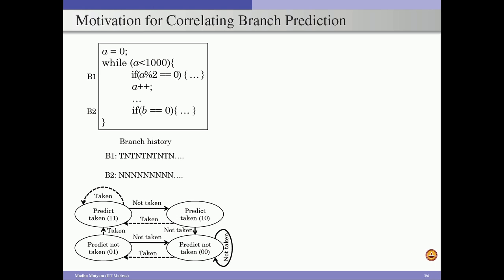When we come to the implementation of these branch predictors, in an ideal scenario what we can do is we can consider one 2-bit branch predictor for every branch instruction.